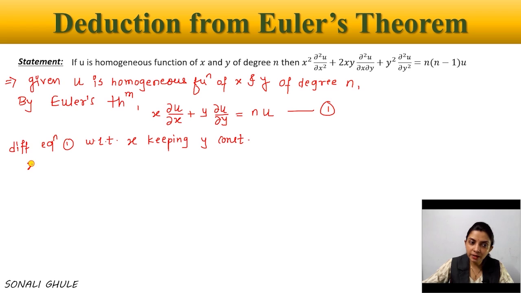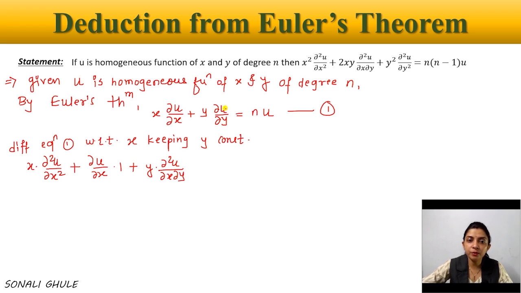So suppose I keep x constant and take the derivative of dou u by dou x with respect to x, this will give me the second order derivative dou 2u upon dou x square. Then plus, now suppose this time dou u by dou x is constant. So dou u by dou x and the derivative of x, it is what? 1. Plus y is constant with respect to x. So keep it as it is and we have to take a derivative of this term only. So that will give you dou 2u upon dou x dou y.